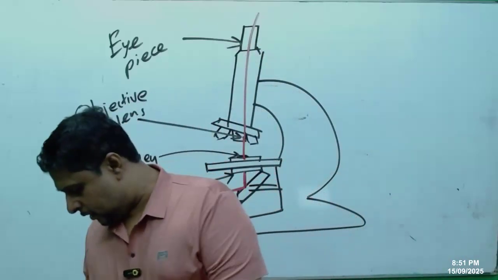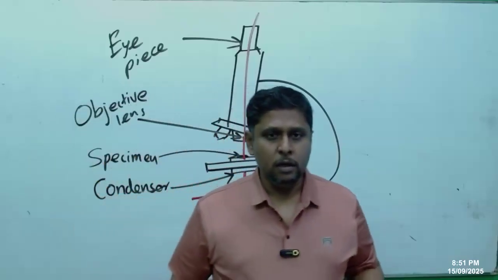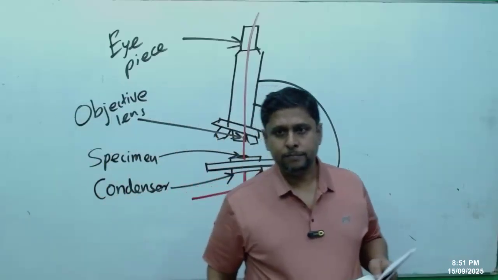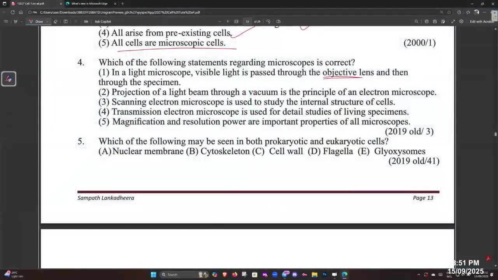Therefore, this statement is not correct. It says visible light passes through the objective lens and then through the specimen. So that is wrong.